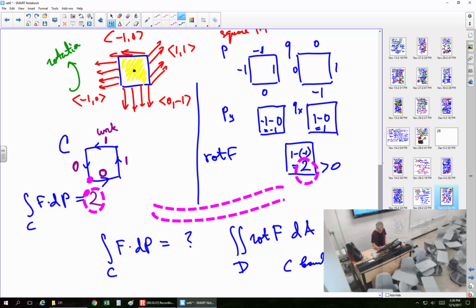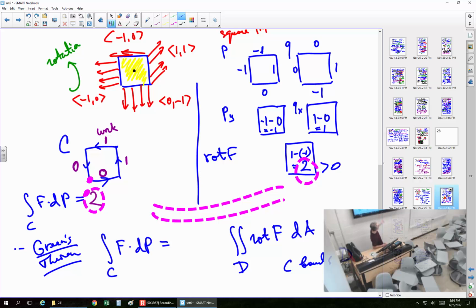C bounds. It's called Green's theorem, and we're going to certainly spend some time thinking about it. So the proof is, of course, we've got to justify it more than just this.